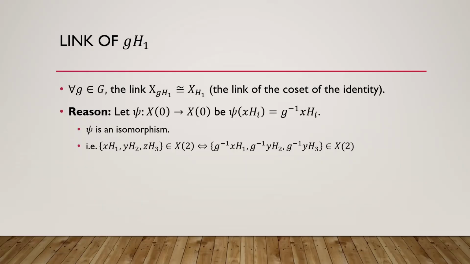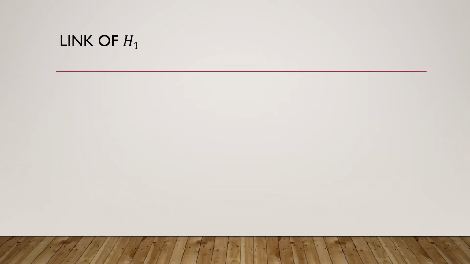Triangles get sent to triangles and the same in reverse. And so as GH1 gets sent to H1, their links have to look the same. So we don't need to analyze all the links for every single coset. We really only need to look at three cases, the cosets of H1, H2, and H3.